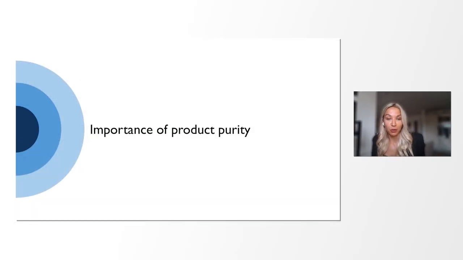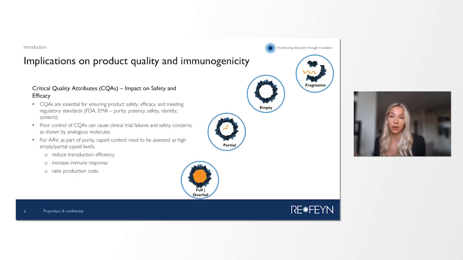So why is product purity important? Critical quality attributes are defined for a reason, and they're essential for meeting regulatory requirements set by agencies. There are a few critical quality attributes defined by regulatory agencies that include purity, potency, safety, identity, and content.